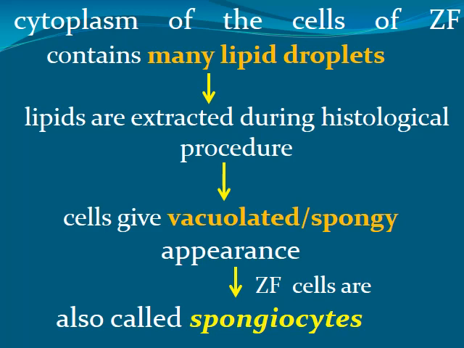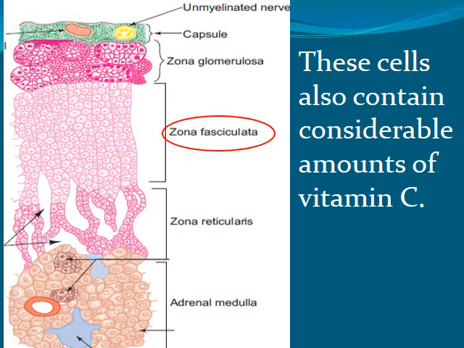Lipids are extracted during histological procedure. As a result, the cells give a vacuolated or spongy appearance. That is why zona fasciculata cells are also called spongiocytes. These cells also contain considerable amount of vitamin C.